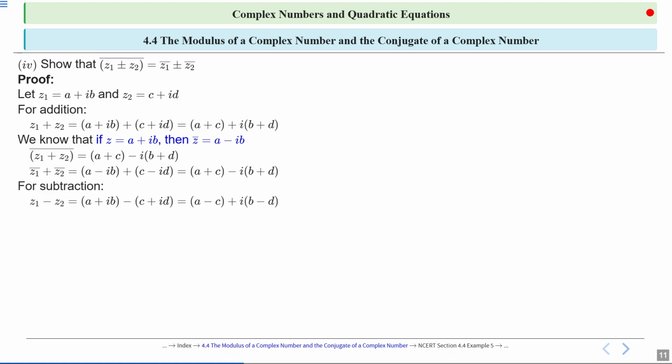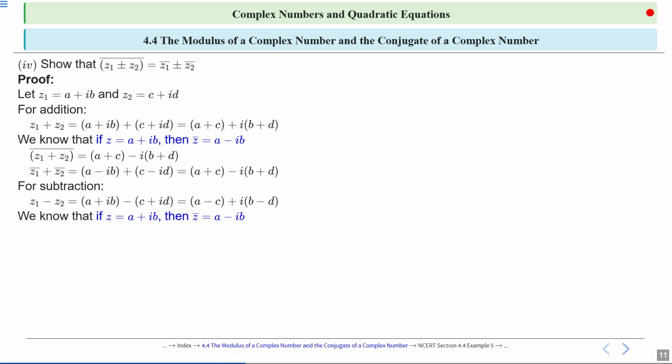Now let's move on to the subtraction. When we subtract z2 from z1, we get z1 minus z2 equals (a plus iota times b) minus (c plus iota times d). This is equal to (a minus c) plus iota times (b minus d).